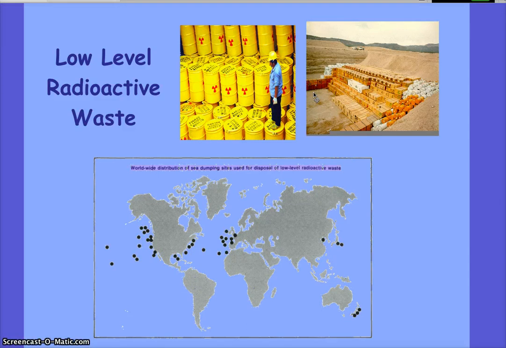Today, we only do that with low levels of radioactive waste. What's low level again? Give me an example. Clothing, any waste from the mineral, or the ore, I should say, or during the mining. We put them in these drums and we bury it.